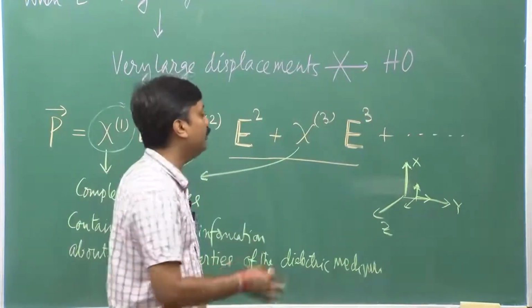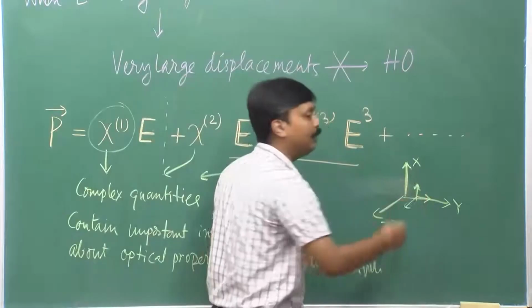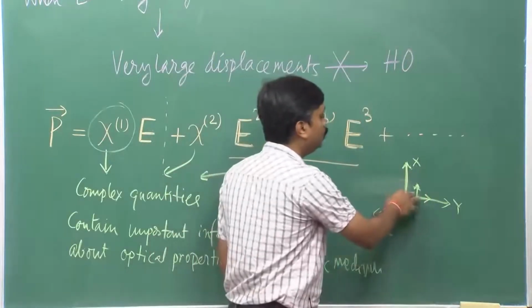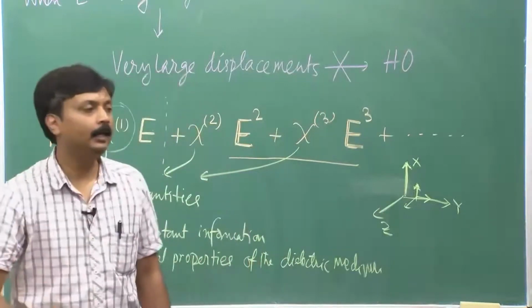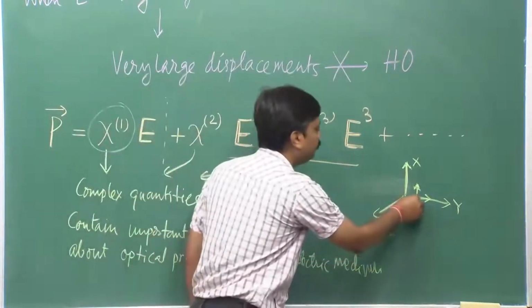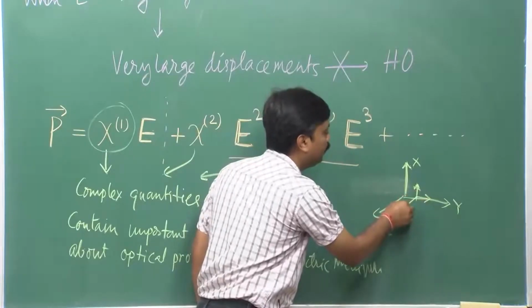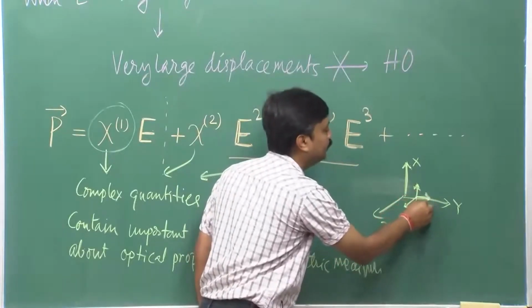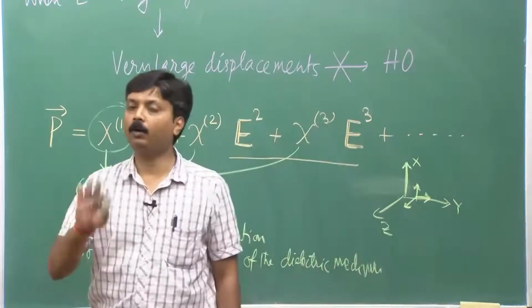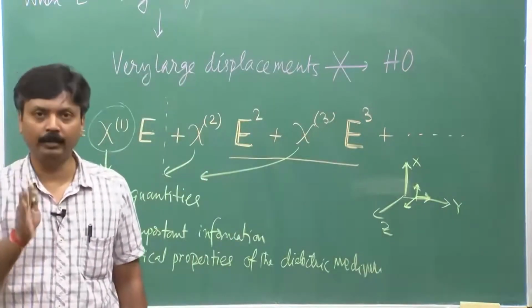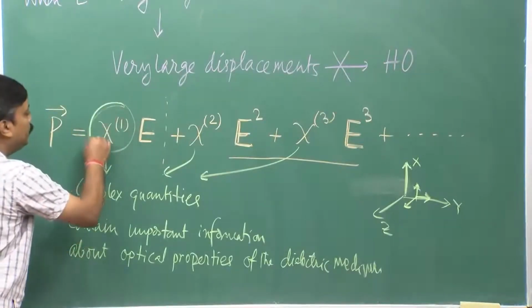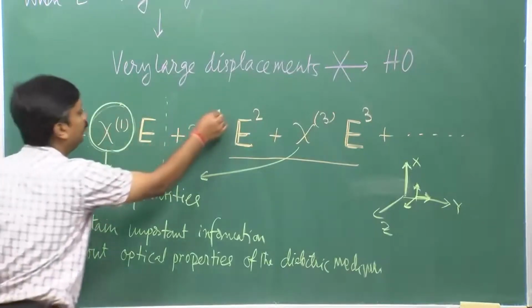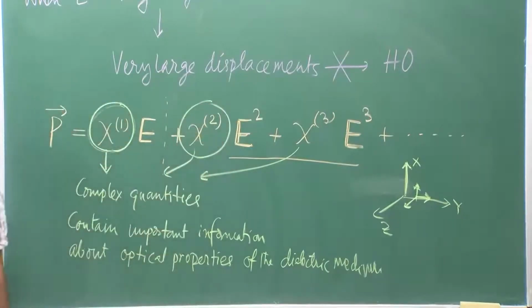Those neighboring molecules and their molecular field will also dictate how much polarization is created, how much electron oscillation will take place in this direction or in this direction, which are definitely not the same direction as that of the incident field. And that information is contained in these quantities chi's, and that is why they are known as tensors.